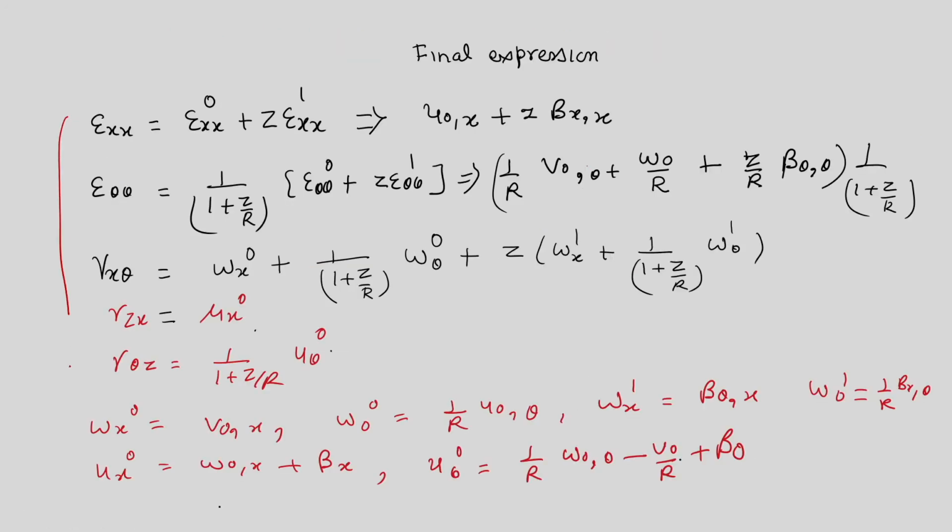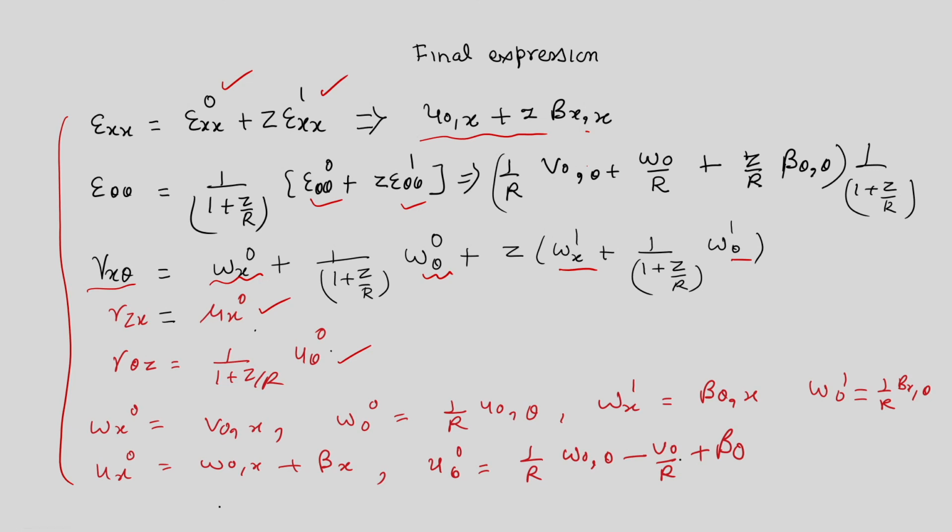These are the strain components. The major difference is that the notation is slightly different and they have made components like this: epsilon x x 0, epsilon x x 1, epsilon theta theta 1, and gamma x theta is divided into w x theta, w theta, and like that mu x, mu theta.